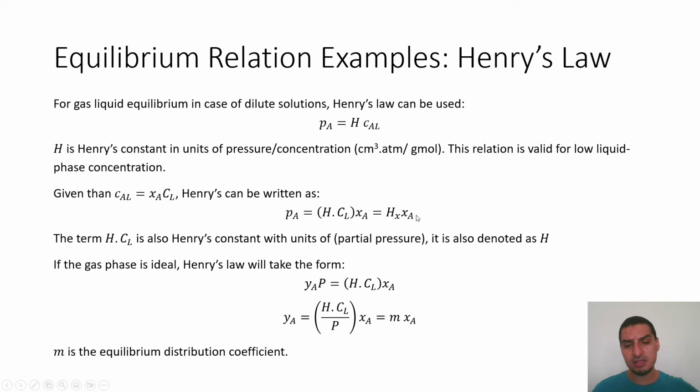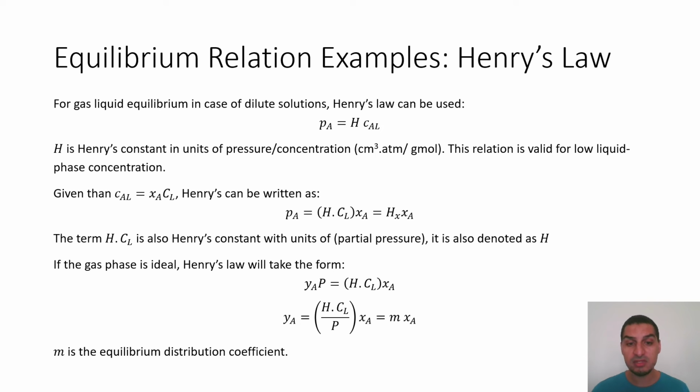And as I said before, it doesn't matter what the units are that we are using, but we have to have one of them describing the concentration in the gas phase and one in the liquid phase. In the textbook, the authors put this as H as well, and they said that we call this H. I feel that this is very confusing.